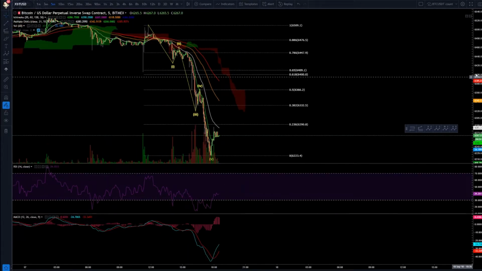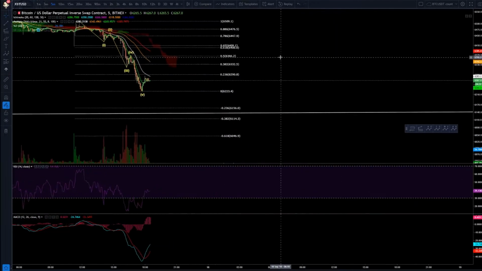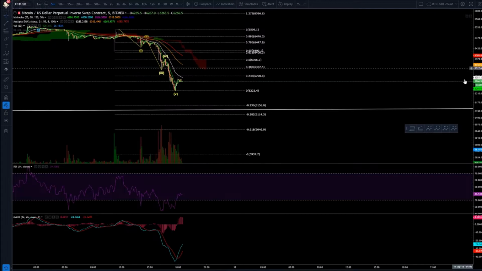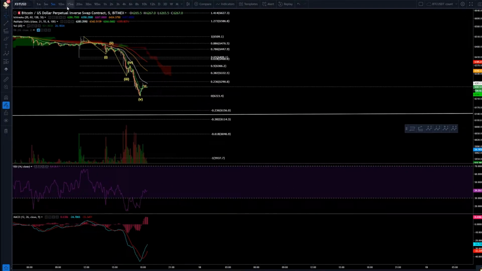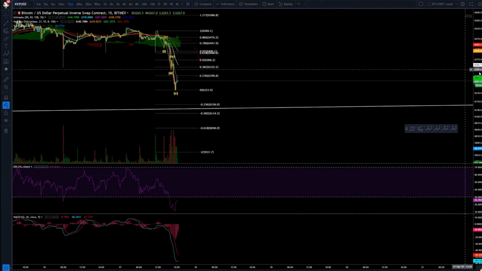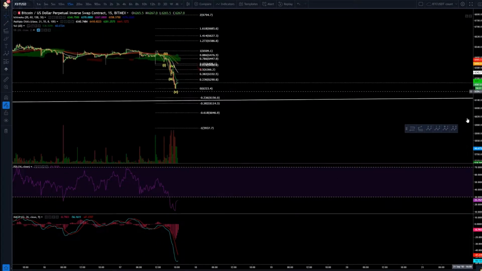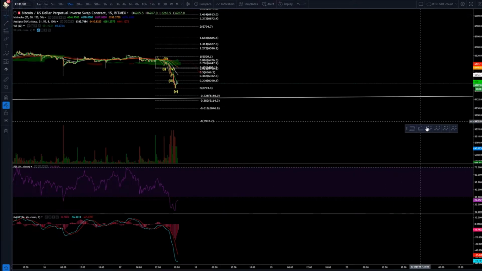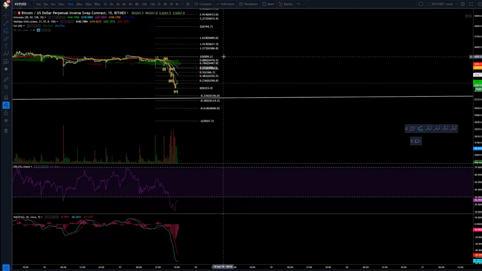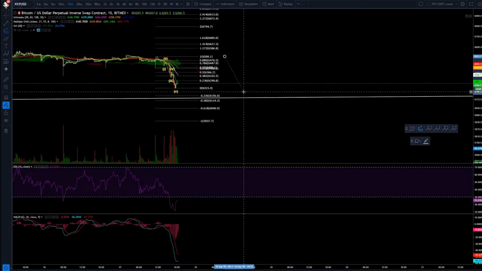So let's take a look at where we could possibly land if this is only your first wave. Let's put it on the 15-minute here, a little more zoomed out. If this is only your first wave, and we take our fib extension, then this is your bottom.